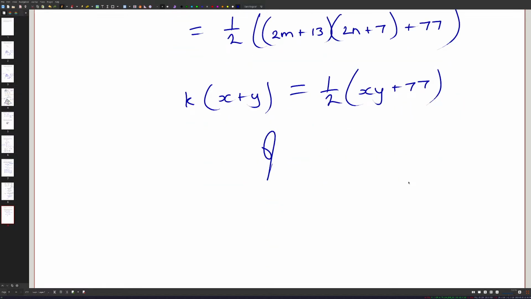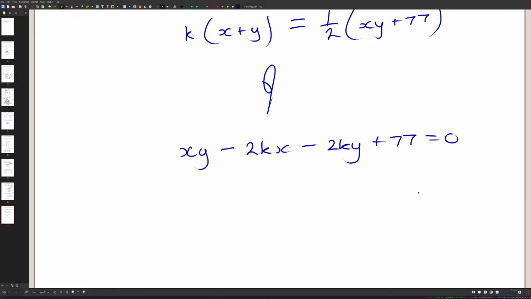And I guess we actually get to the same thing here now. So we've got xy minus 2kx minus 2ky plus 77 is 0. So we can do the same factorizing trick.